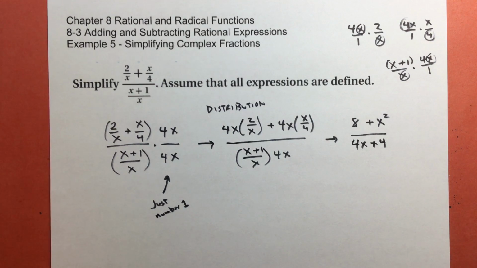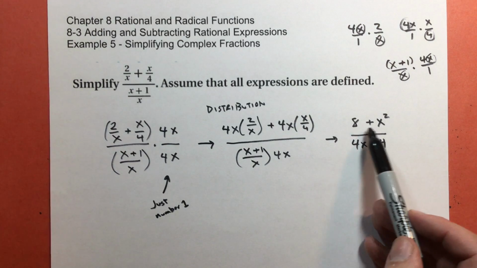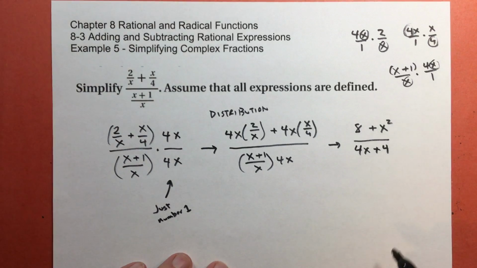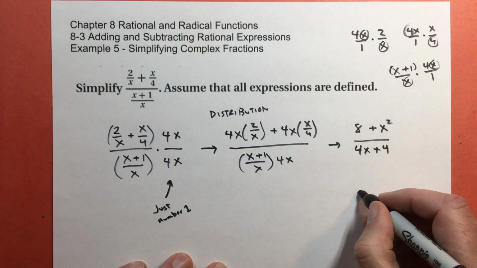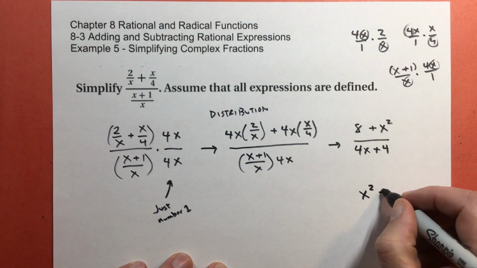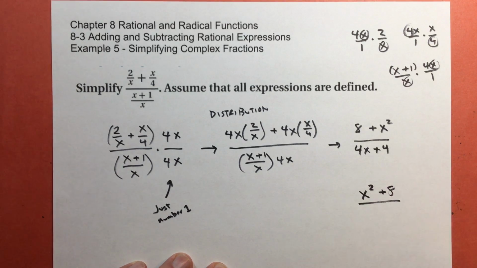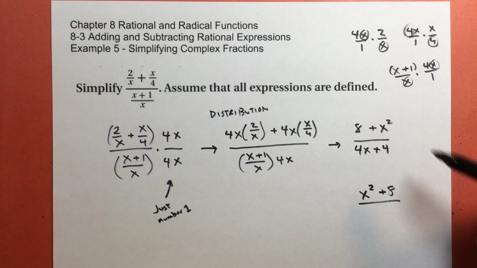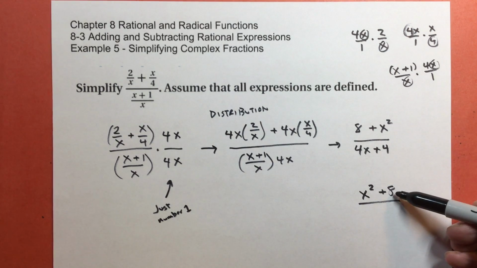Now, the last thing I need to do is check to see if I can factor anything. The top is not going to be able to be factored. I can actually rewrite it and put it in best form, but that's not necessary. Best form exists so we can all have the same way of putting it together. If I was giving you a multiple choice test and one of the solutions had it in that form, at least you'll know that's what it's supposed to be.